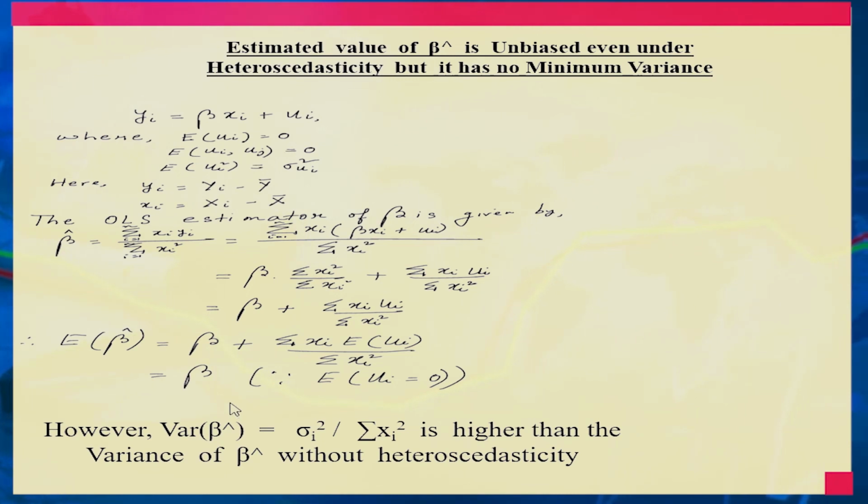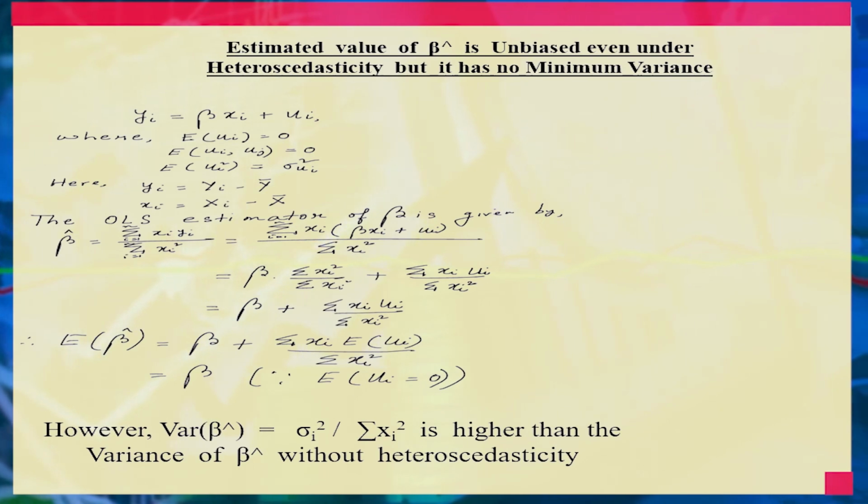heteroscedasticity. So in the BLUE property, we have the alphabet U, unbiased, which is retained even in the presence of changing variance, but the minimum variance property is violated. Because we observe that the variance of beta hat in the presence of heteroscedasticity is sigma i square by summation of xi square. Summation of xi square is the common denominator, but in the numerator we have sigma i square. This i in the suffix is the crux of the problem, because it refers to the number of observations.